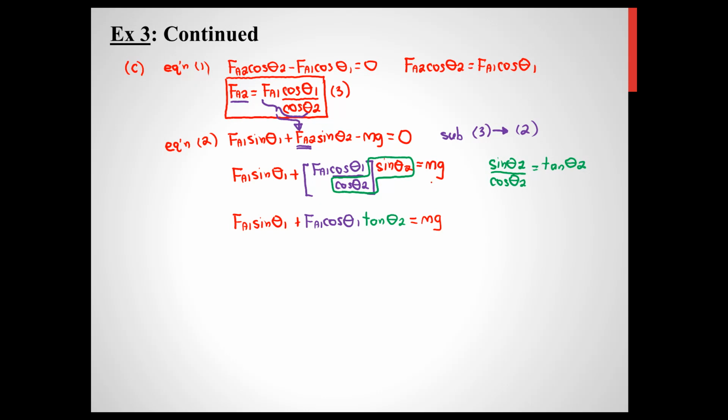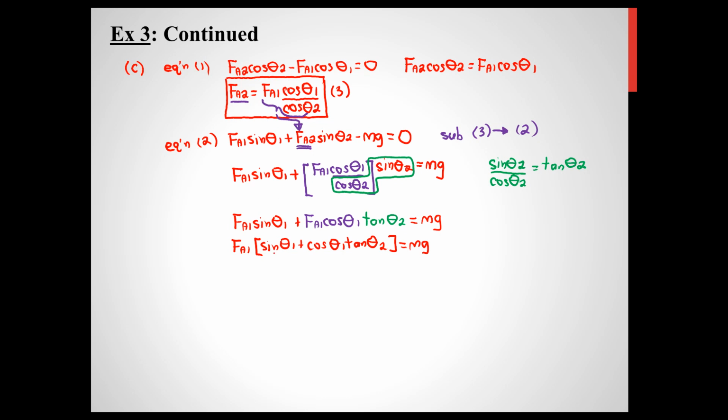So to get it kind of separated, I'm just going to factor it. So if I factor FA1 out of both terms on the left-hand side of the equation, you'd then be left with sine theta 1 plus cos theta 1 tan theta 2 is equal to mg.